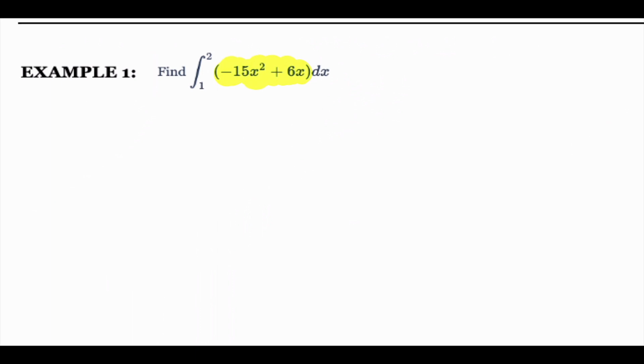First thing, find the antiderivative. The antiderivative is negative 15 x to the third divided by 3 plus 6x squared divided by 2. We don't need a plus c because these have bounds.